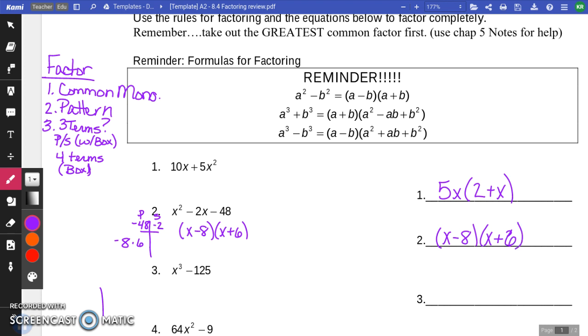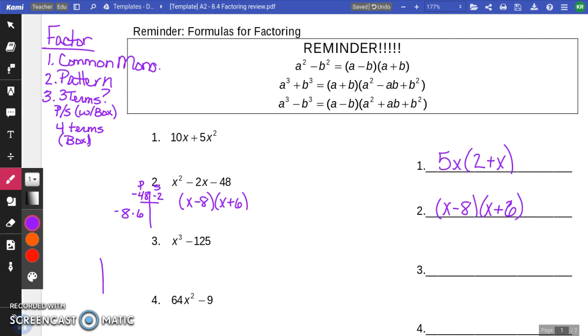Okay, now number 3, so common monomial, no. Is it a pattern? Yes, this is a cubic pattern. So if you go back up here to the box, it's going to be this third one that we're going to be using. Now how do I know just by looking at that that it's a cubic pattern? Well, my x is cubed, so of course that's my first clue.